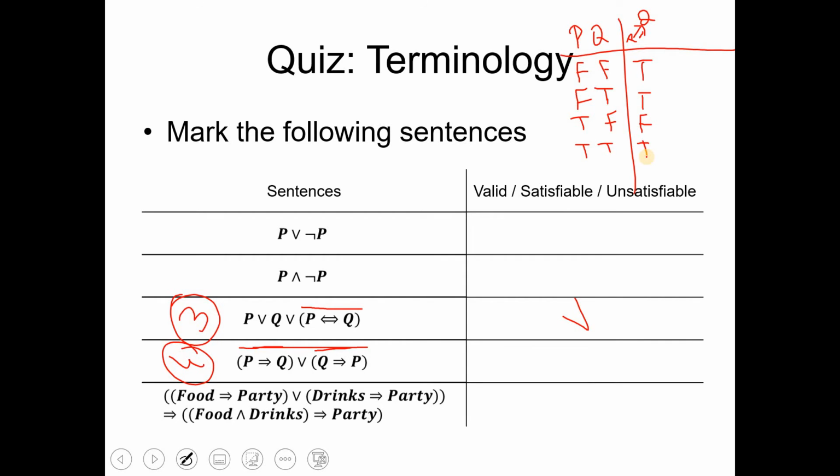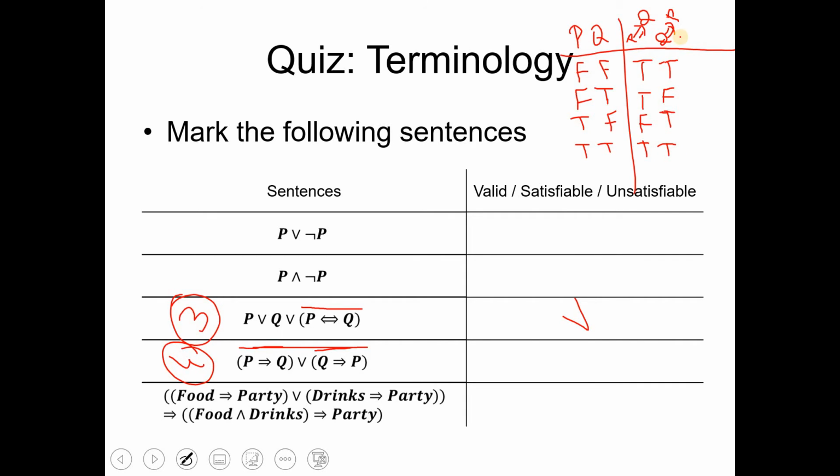So it is this thing. Whereas Q implies P will be the opposite case. When Q is false, I don't care. So Q is false in these two locations, and I don't care about P. When Q is true, P should be true. So this is the result.